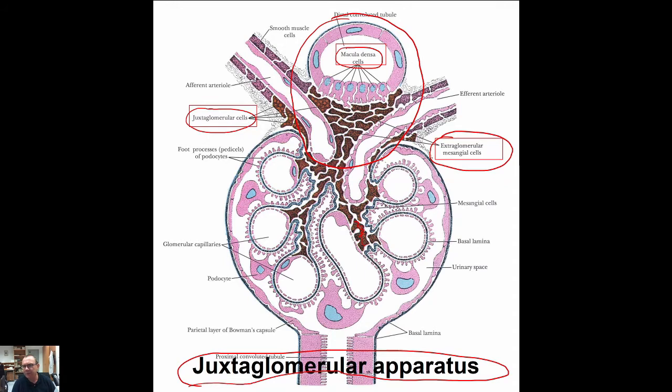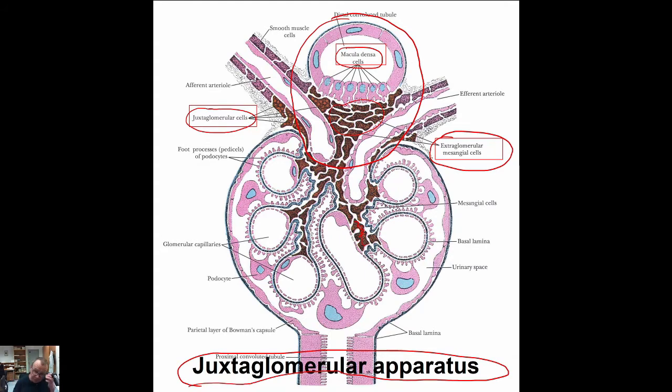We already know them. And the same cells can be found here in the area of the juxtaglomerular apparatus, but it is not in the area of the glomerulus. That's why they are called extraglomerular mesangial cells. Okay, so there are three components of the juxtaglomerular apparatus.